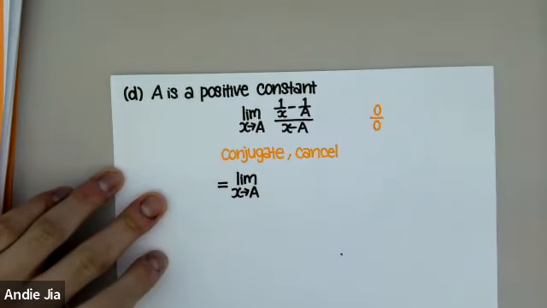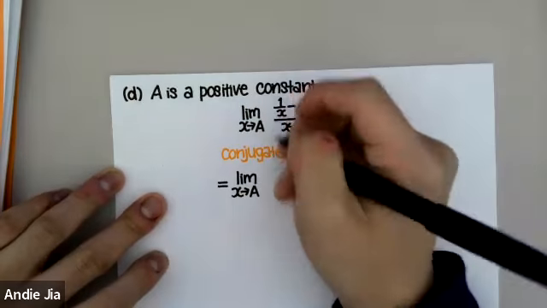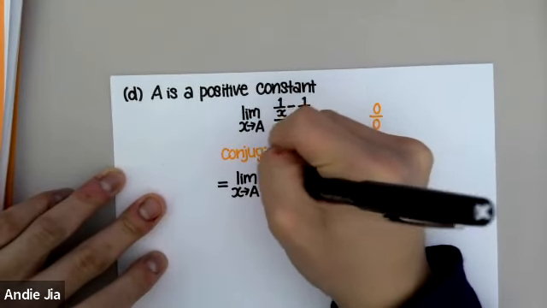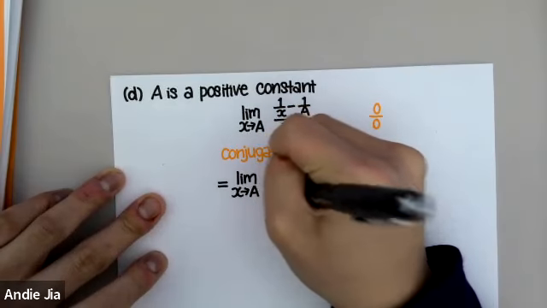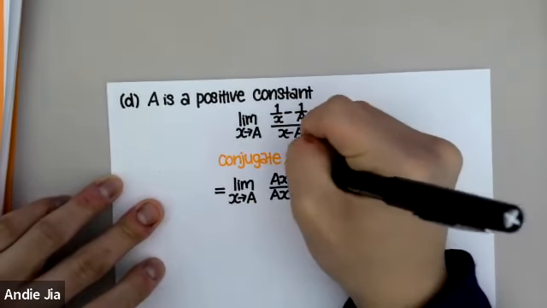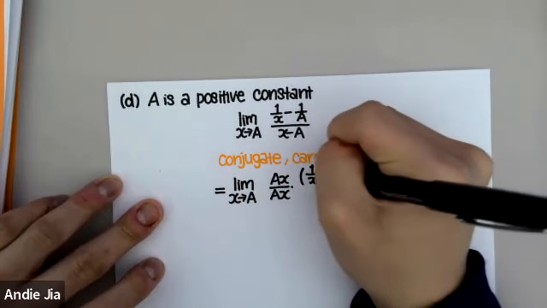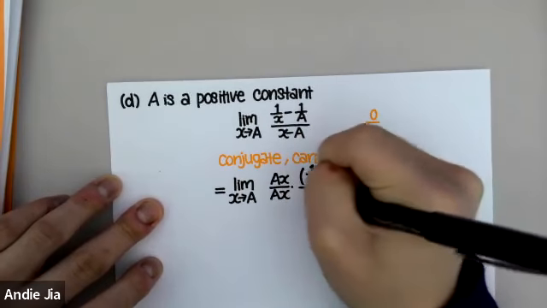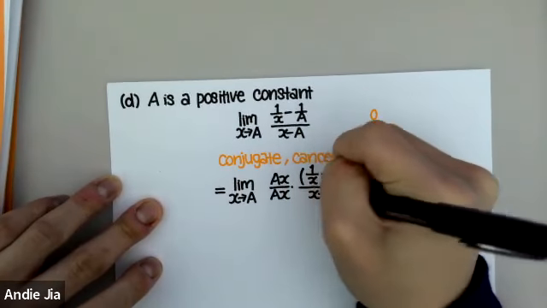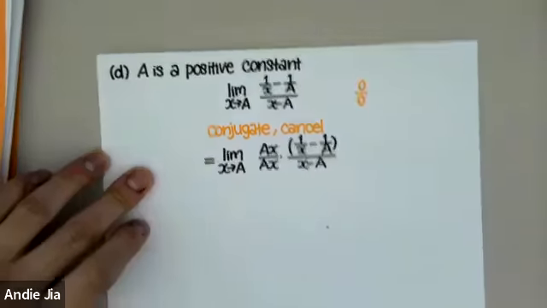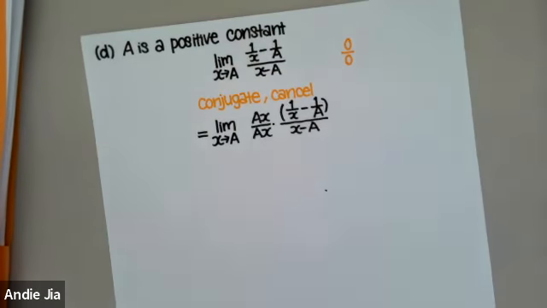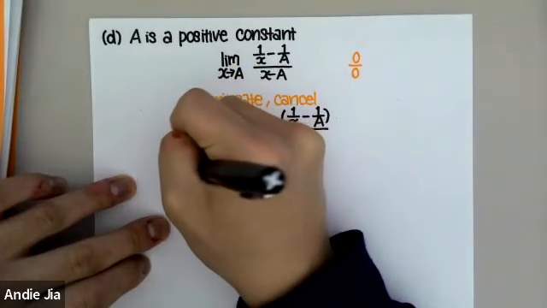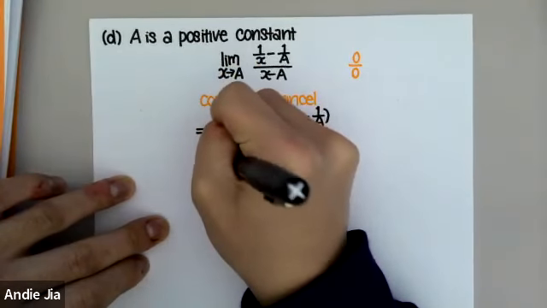And to get rid of the numerator, we must make them the same thing. So multiply the ax by everything. And then we just multiply them.